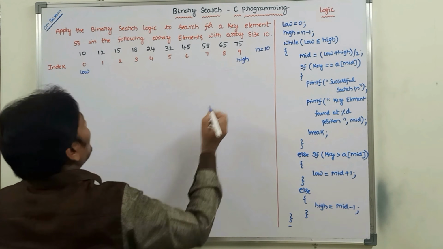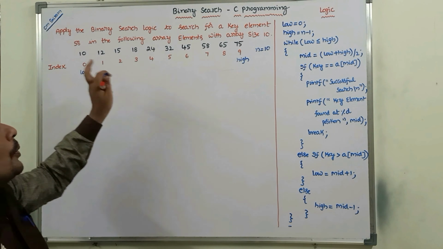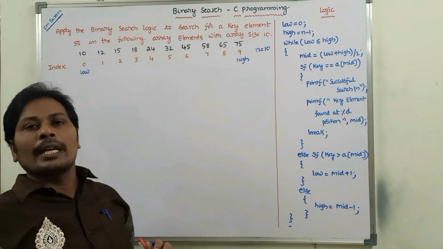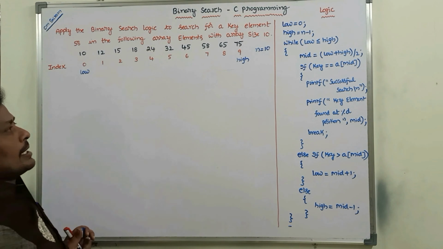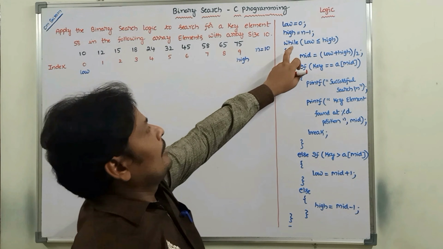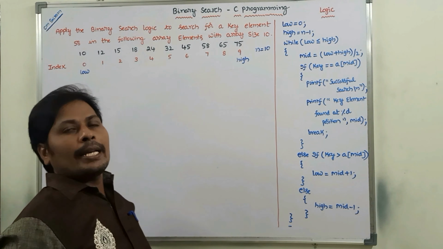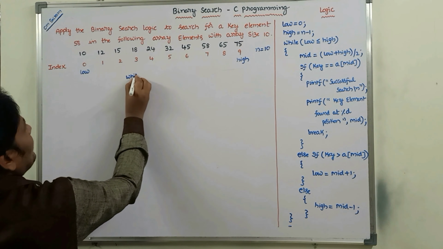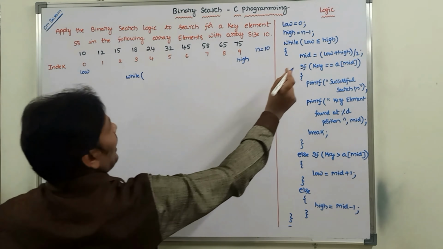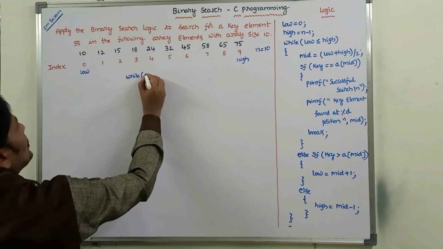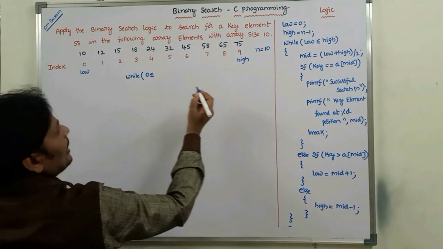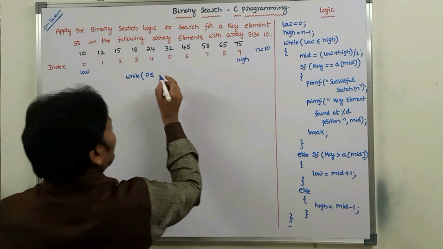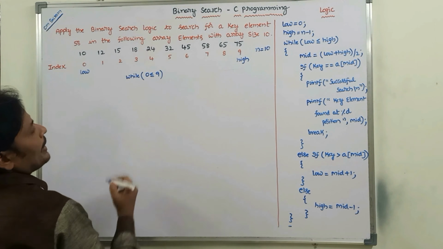So low value is equal to 0, high value is equal to n minus 1. Next, while low less than or equal to high: low value is 0, less than or equal to high value 9. 0 less than or equal to 9.